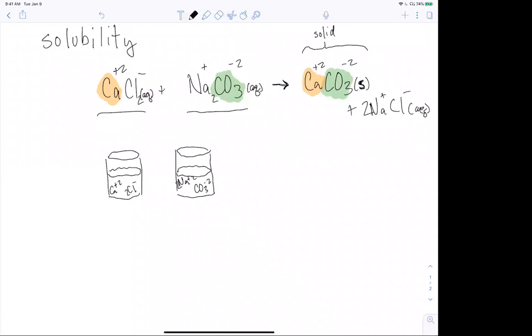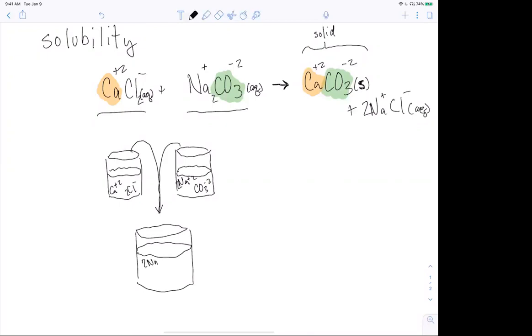Then I'm going to mix those two together. So I pour those into a bigger beaker, let's say. We're not super worried about concentration at this point. What I'll see is the sodium and chloride stay in solution. Those stay dissolved. But then at the bottom, I'll start forming this precipitate. This solid starts to form at the bottom, and these chunks that I see down here are calcium carbonate.